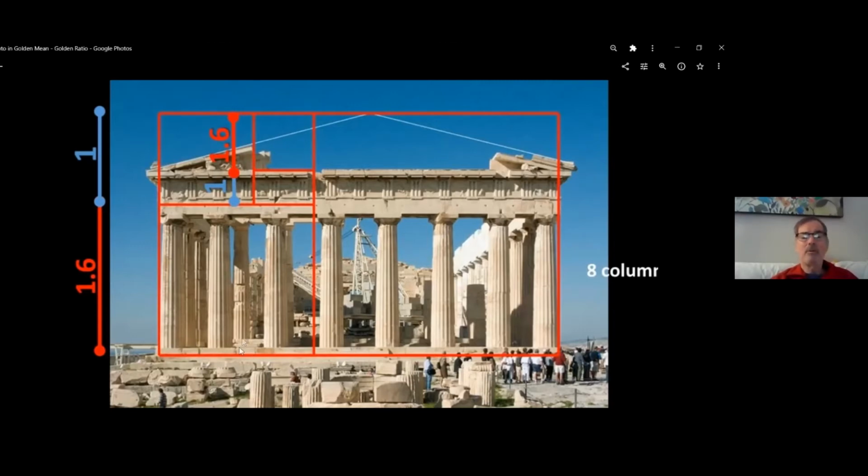But within the Parthenon, there are probably some other ratios. If you take this bottom line, the right-hand side of it would be 1, the remainder on up to 1.6. So if you go to that 1 point and draw a line upwards, you have another smaller golden rectangle.